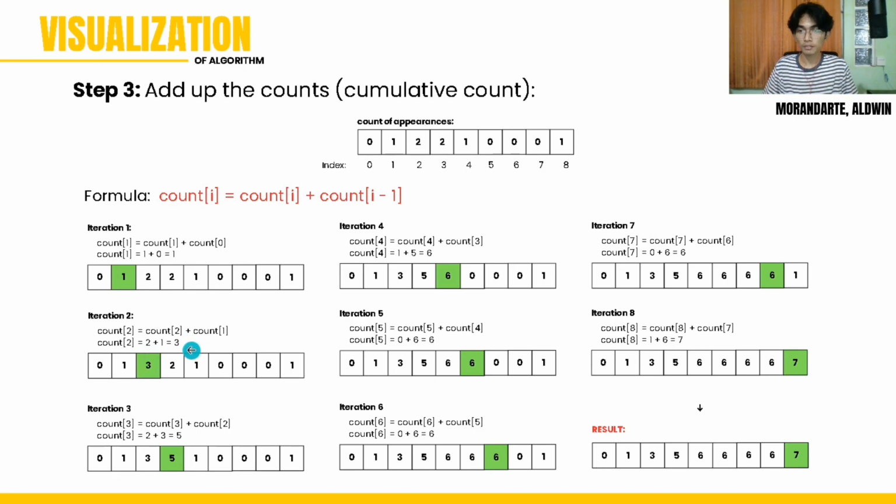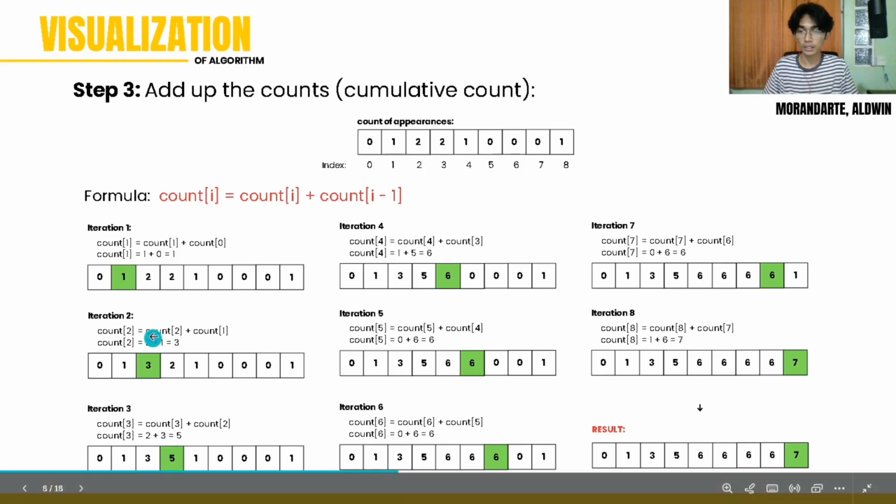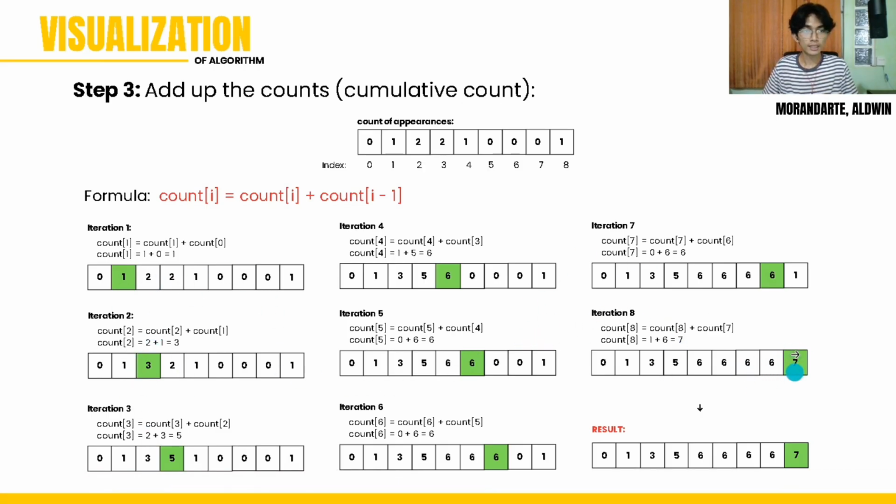So we replace the previous value, which was 2, with 3, and this process repeats itself until we reach the last index of the count array.